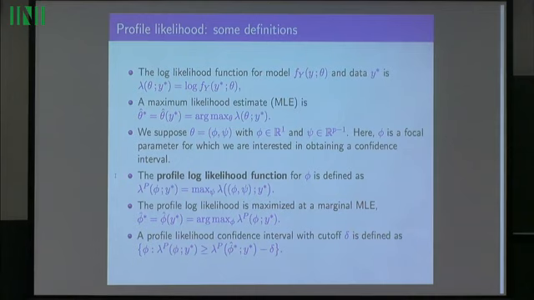Then the profile log likelihood maximizes out over psi, and it's maximized at some marginal maximum likelihood estimate. Then you can look at this profile likelihood function, take a cutoff delta, and that gives you a profile likelihood confidence interval.